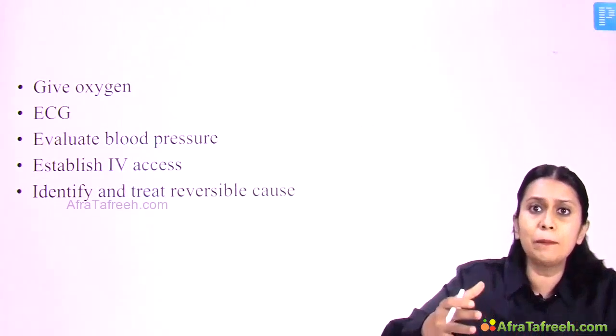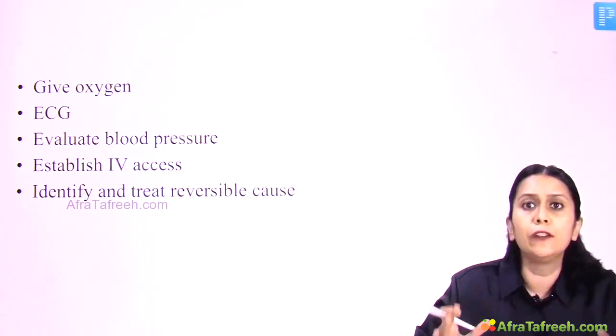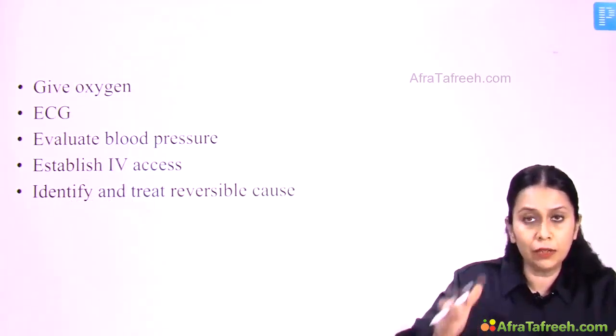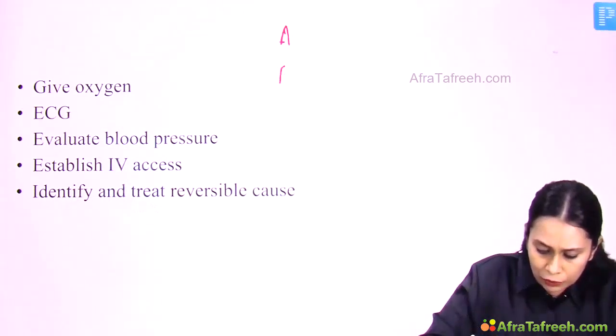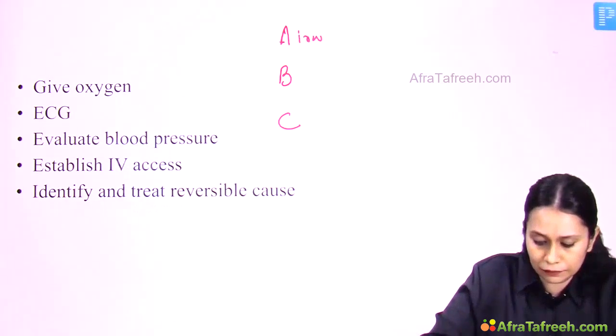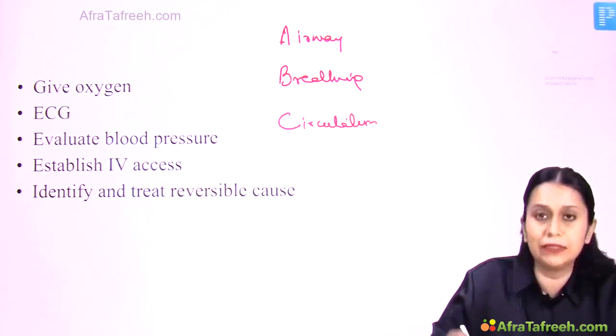Immediately, when I receive a patient with a high heart rate, I will attach oxygen, put on monitors, put in an IV line, do a 12-lead ECG, and measure the blood pressure of the patient. I will do all the things which will try to stabilize the ABC of the patient: airway, breathing, and circulation.